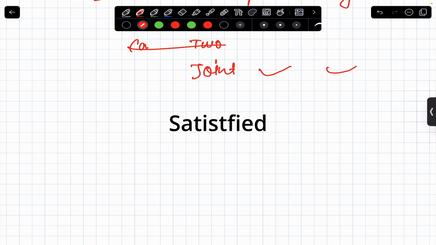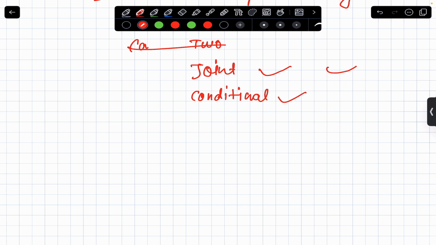In conditional probability, one has already been completed.